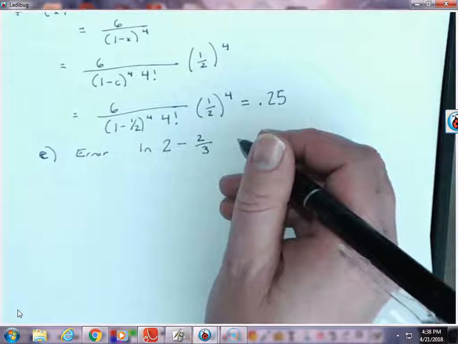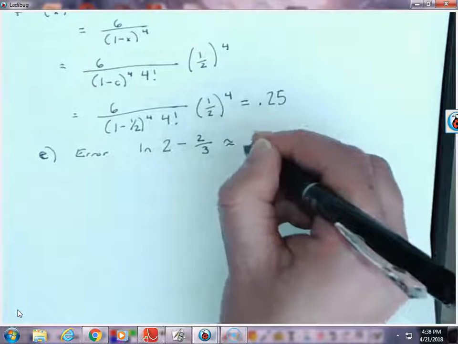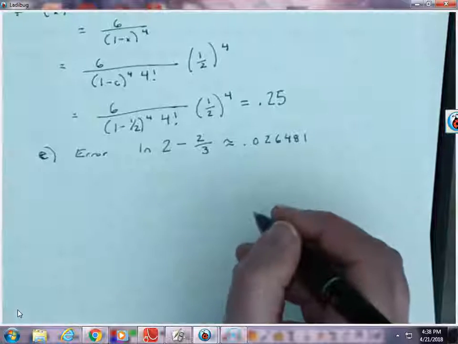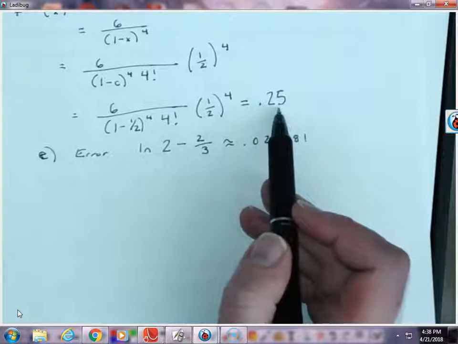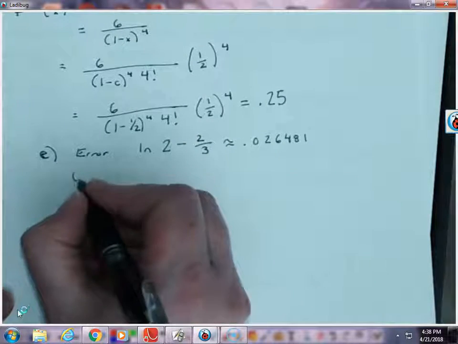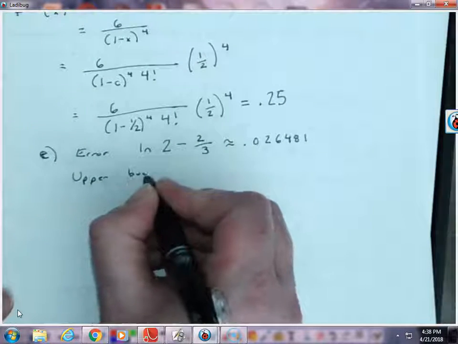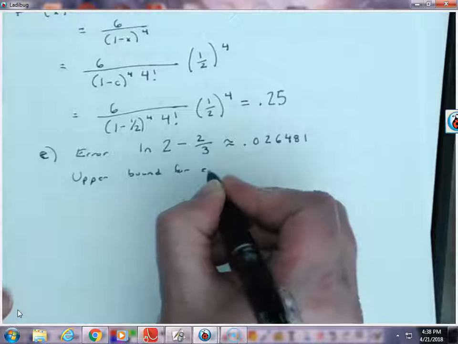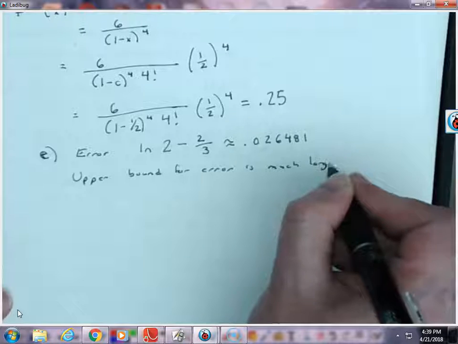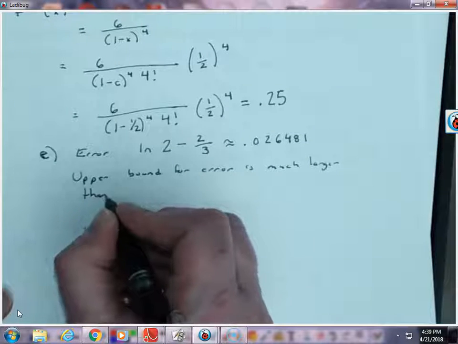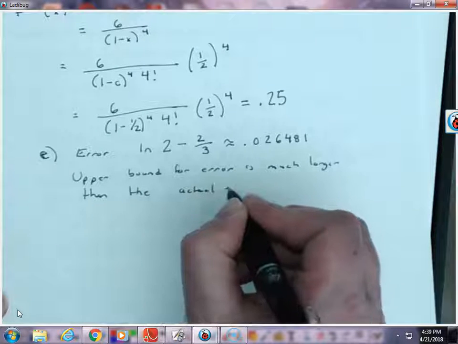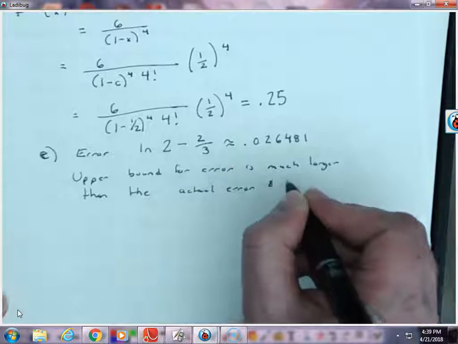Okay, just type in natural log of 2 minus 2/3. You get that we're actually not very far off at all. Okay, so as our error, we are way, way under that. Okay, so the upper bound for the error is much larger than the actual error, and therefore not a good estimate.